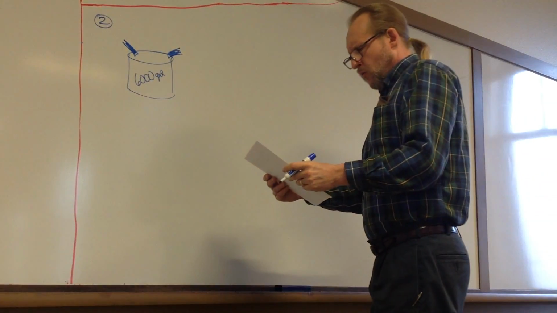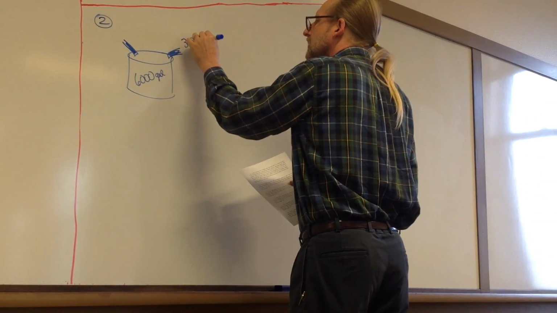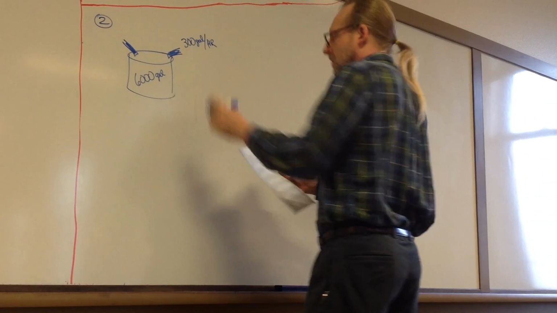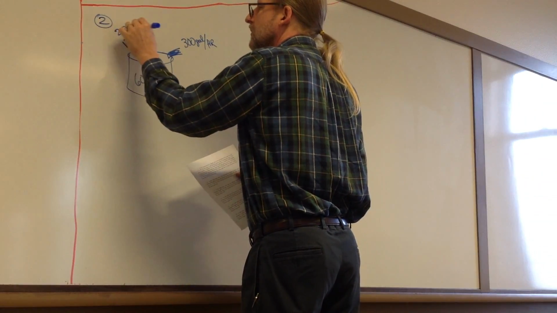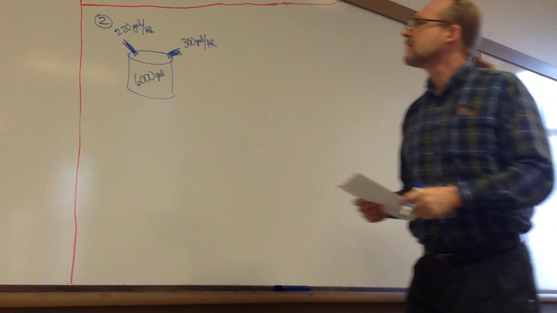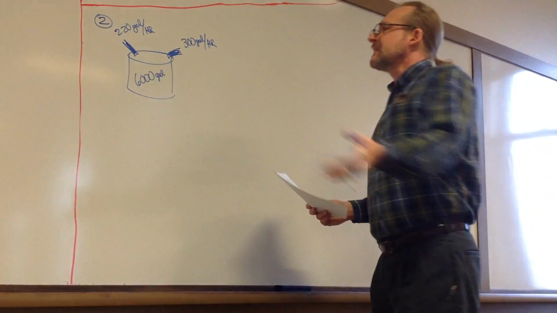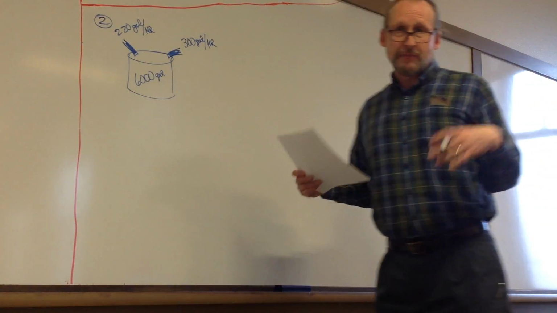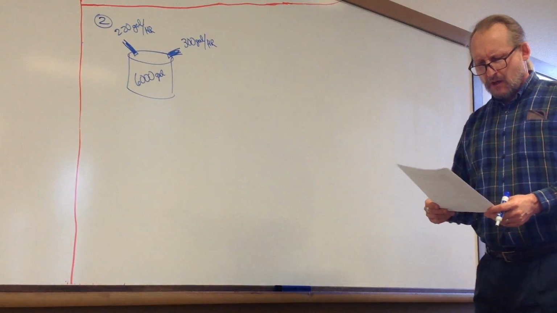One of them is running at 300 gallons of water per hour, and the other is filling at 220 gallons per hour. Now, what we want to know is how long is each of these going to be running to fill up the 6,000 gallon tank.